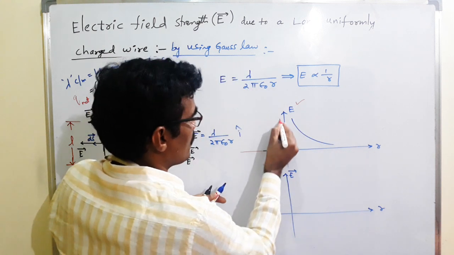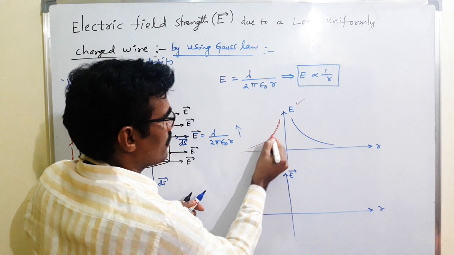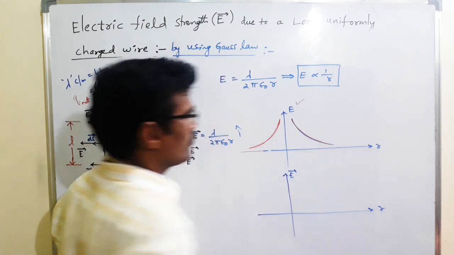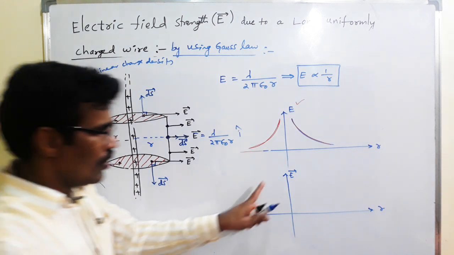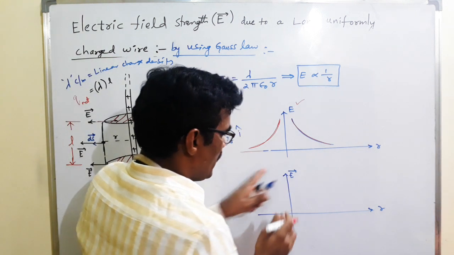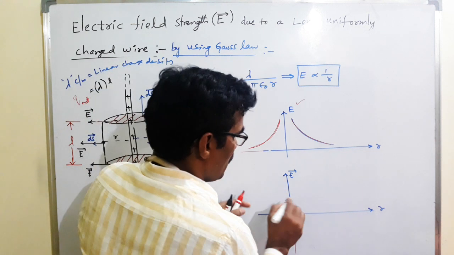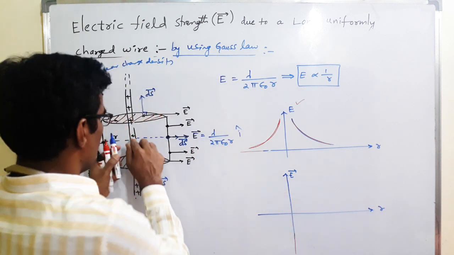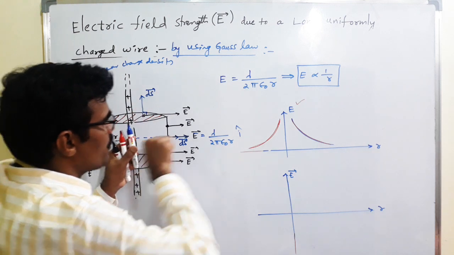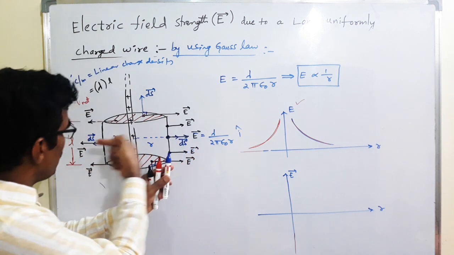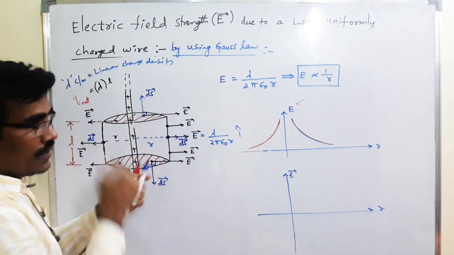What about the left side, sir? This is the right side. When a graph is drawn between E bar and r, the field on this side is positive. On the left side the direction changes, so the field is negative.